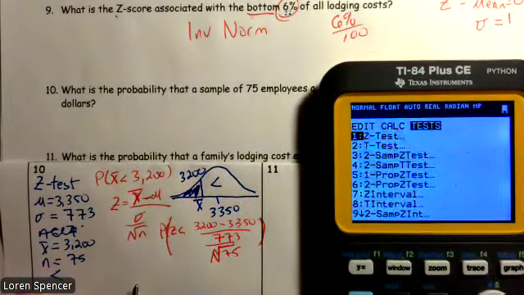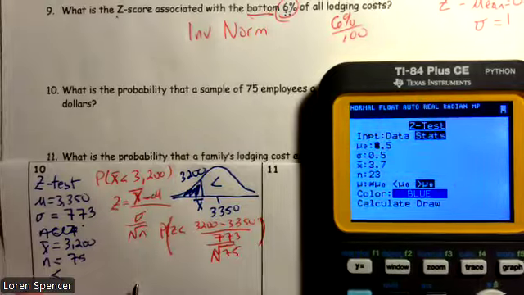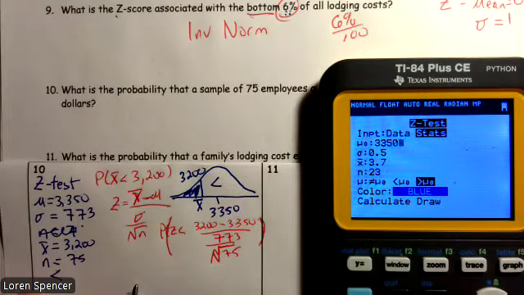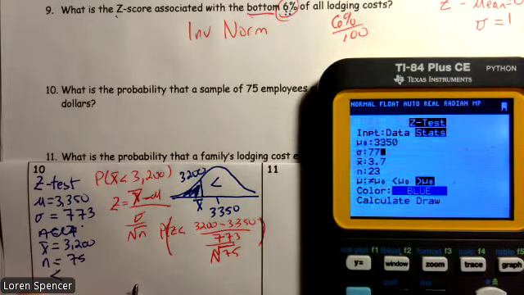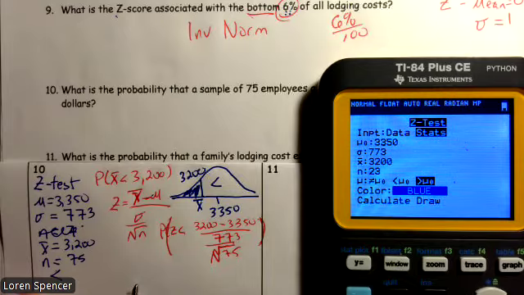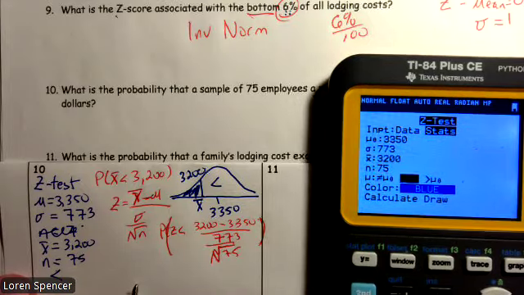Stat, test, Z-test, mean 3,350, standard deviation 773, X bar 3,200, sample size 75. We have less than highlighted.